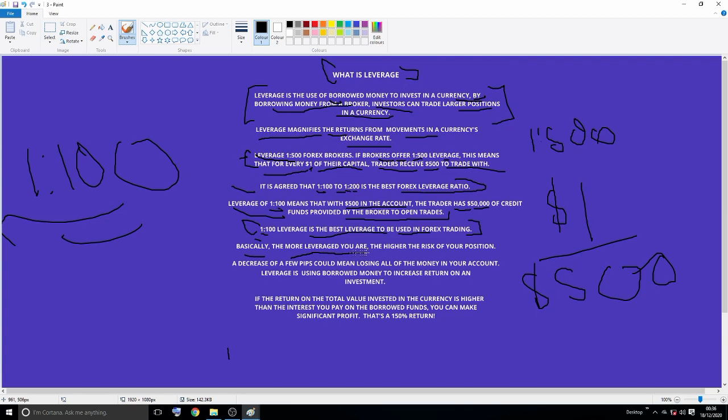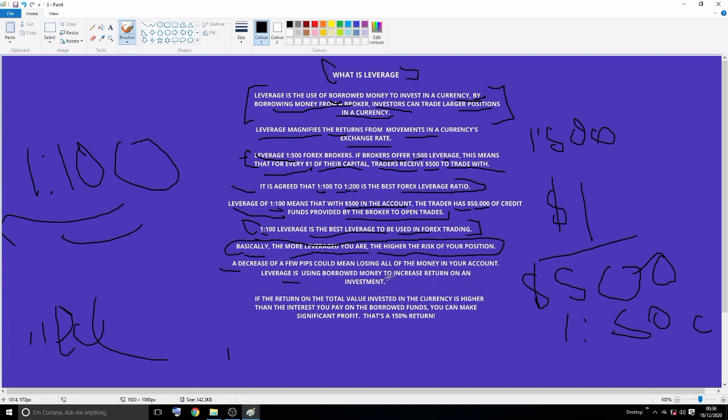Basically, the higher the leverage, the higher the risk of your position. So if you are using 1:500 and I'm using 1:100 and the trade goes against us, you will lose more than what I will lose. A decrease of a few pips can mean losing all the money in your account.